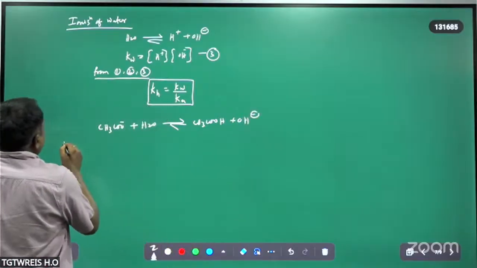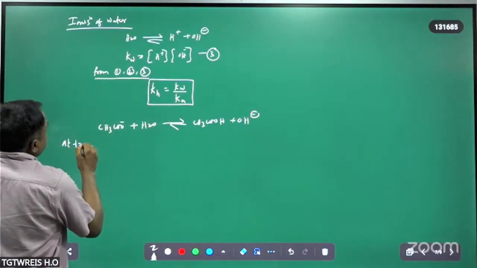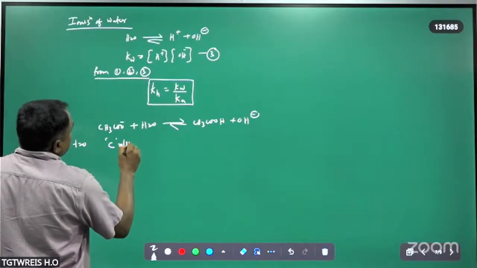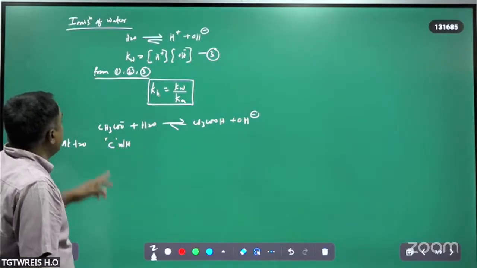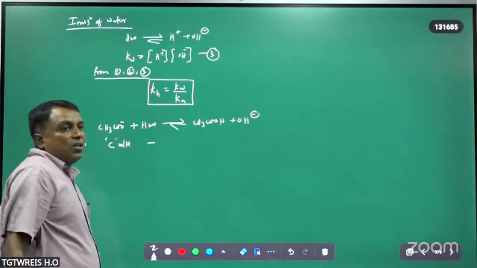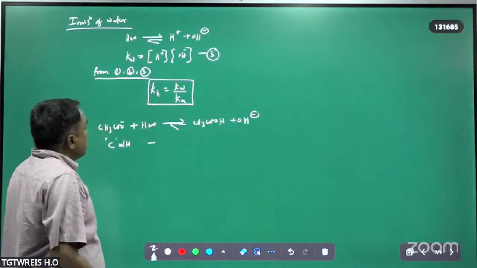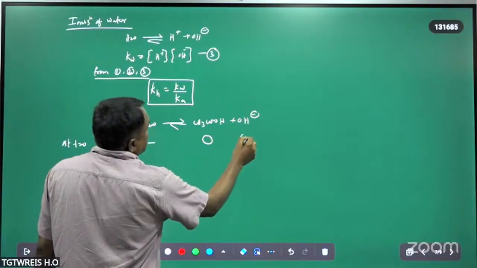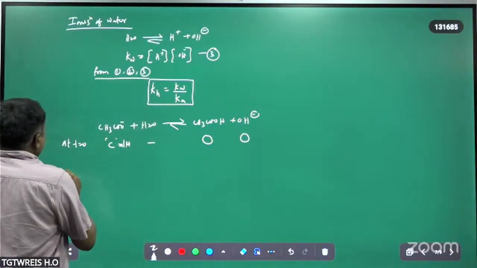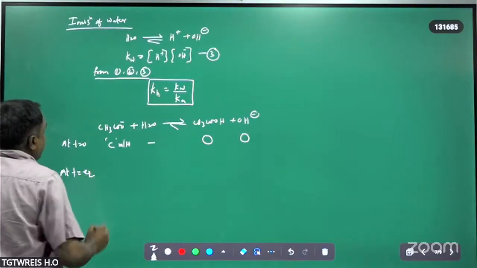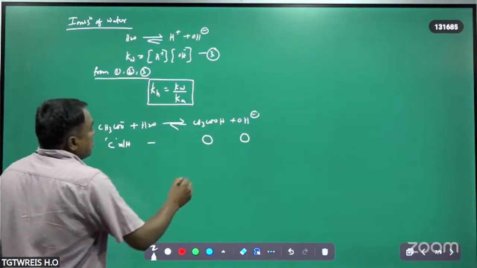At time t equal to 0, assume C moles per liter of acetate anion, which is in excess and need not affect the equilibria. Initially the others are 0 moles per liter. After establishing the equilibria, what do you get?